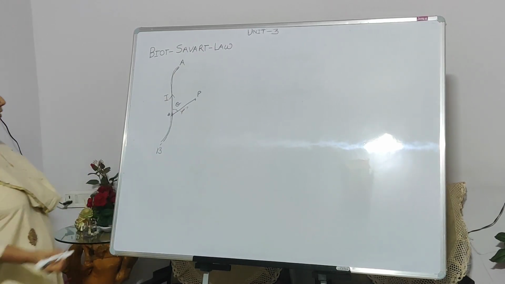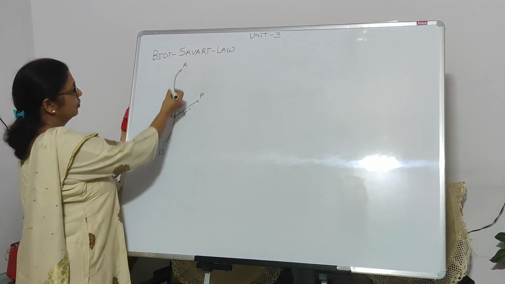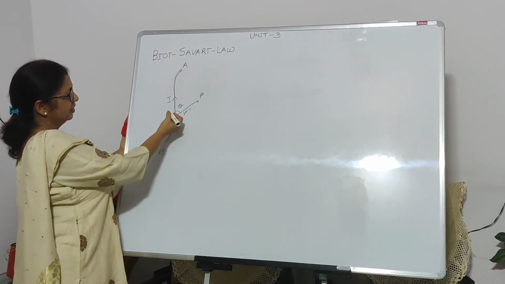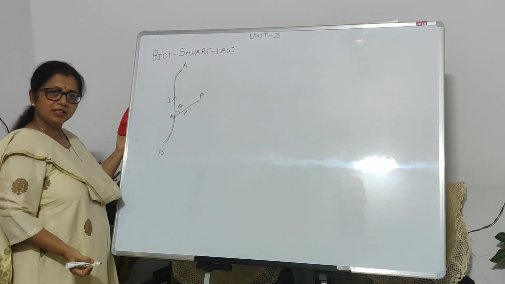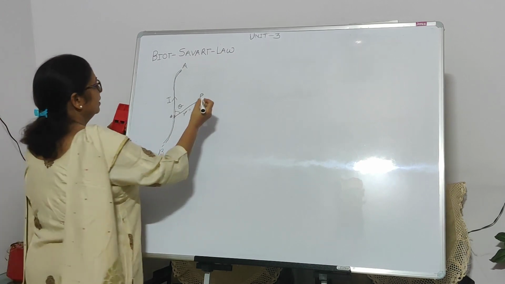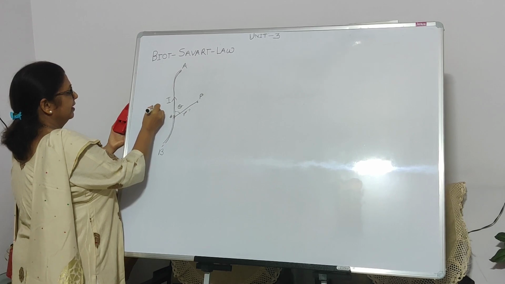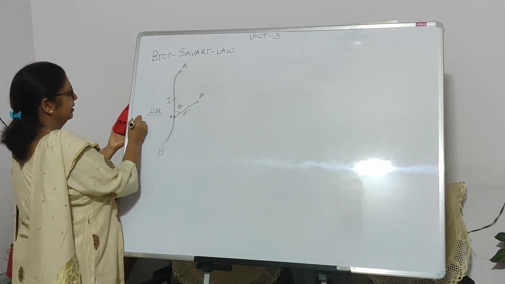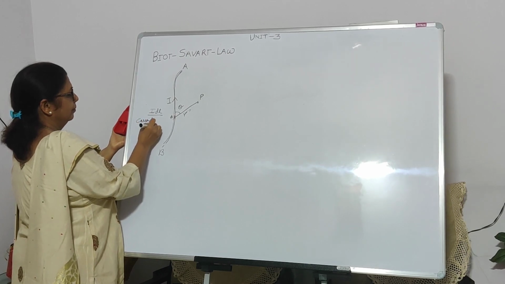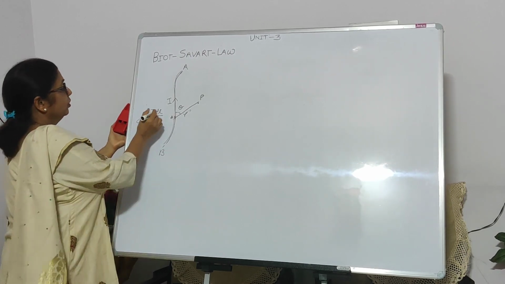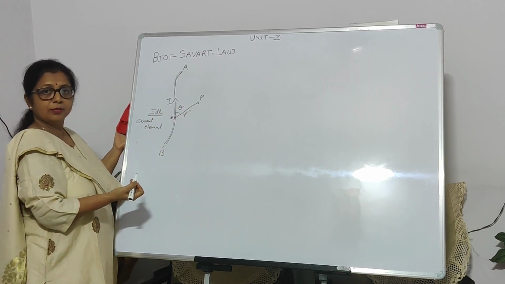If current is flowing through the conductor, we consider a small element dl. This I dl is known as the current element. This current element is the source that produces the magnetic field at point P.